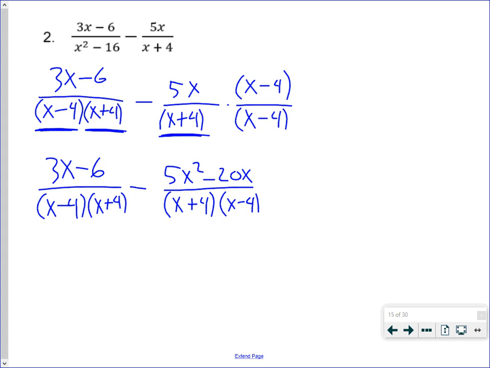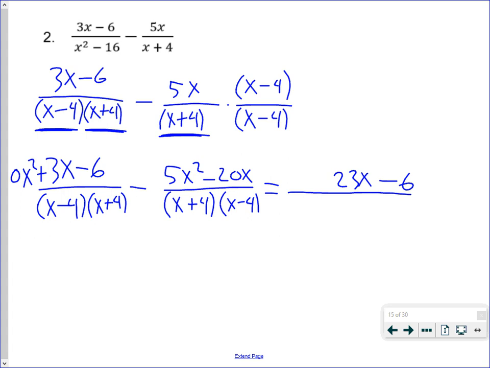All right, so now we're going to combine like terms. So 3x minus negative 20x, that's going to give us 23x, right? 3x minus negative 20x is the same thing as 3x plus positive 20x, or 23x. Negative 6 minus the 0 constant in the second expression is just going to be negative 6. And for the 5x squared, we don't have an x squared in the first expression, so it's the exact same thing as saying 0x squared plus 3x minus 6.